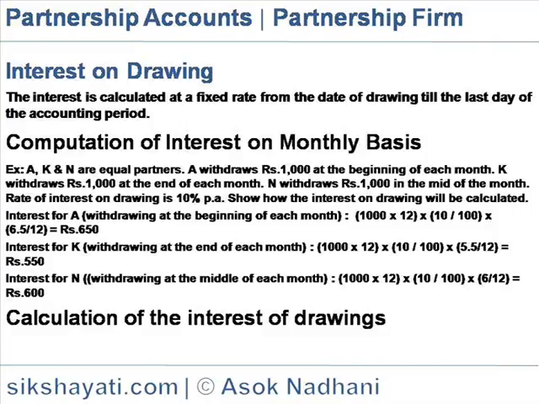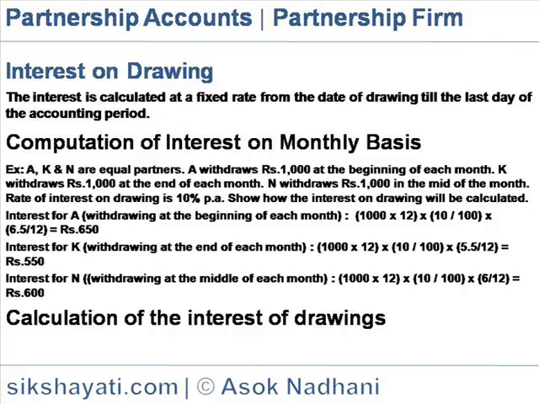K withdraws rupees 1000 at the end of each month. So for the first month he will pay interest for 11 months on his withdrawal amount of 1000. Similarly, for the second month he will pay interest for 10 months and so on. So the sum of the months based on the end of each month is 11 plus 10 up to 1 plus 0.